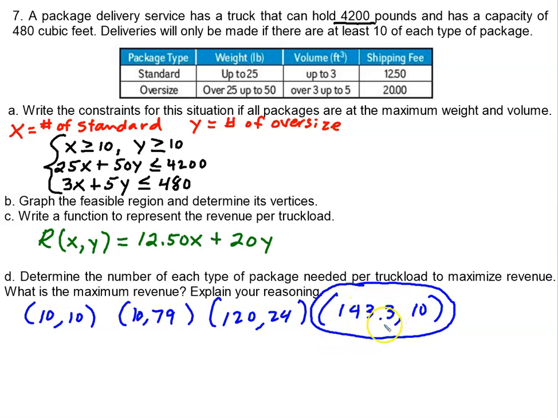So I'm going to go ahead and tell you that this is the ordered pair that creates the maximum revenue, but you need to write your answer as 143 standard packages need to be delivered and 10 oversize. So show me that you understand that you can't deliver partial packages. That's all I'm saying. But go ahead and finish this problem, and next time we meet, I'd like for you to tell me what the maximum revenue number is.